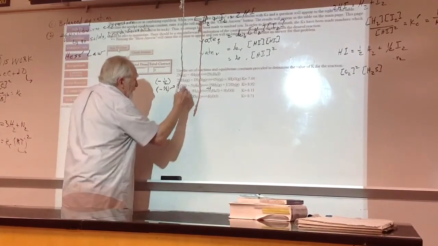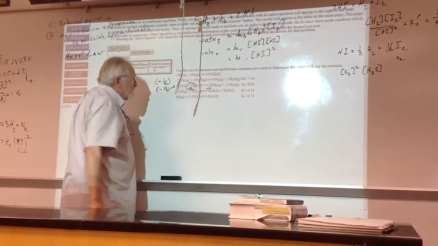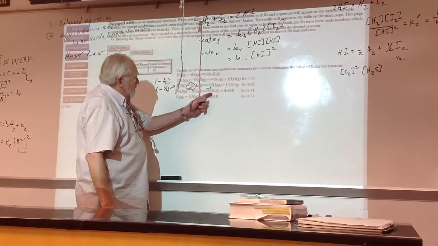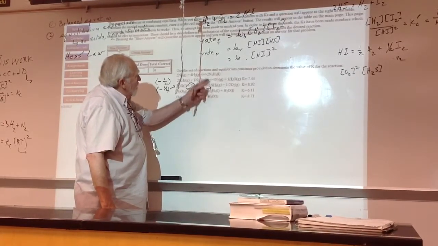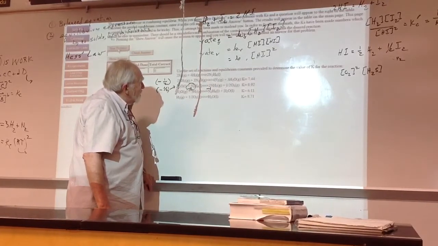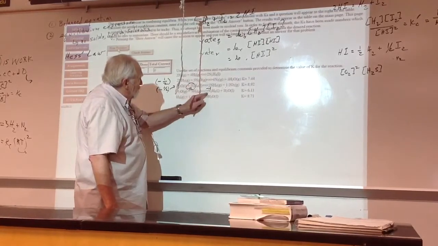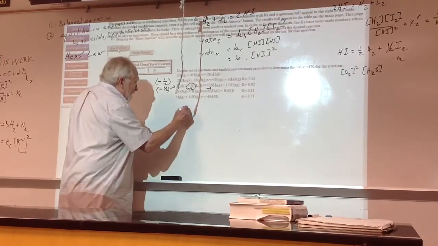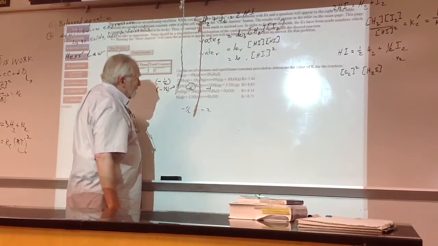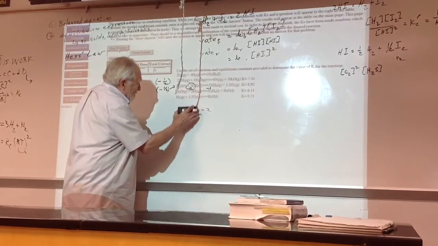So now this says I have minus 1/2 of these on this side. And I have some N2H4 here. I need to have how many up here? Did I miss anything? No, I didn't miss anything. I need 2 up here. If I multiply this by 2, I'm going to have minus 1/2 and 2. But that's going to give me, when I put them on the same side, 2.5.